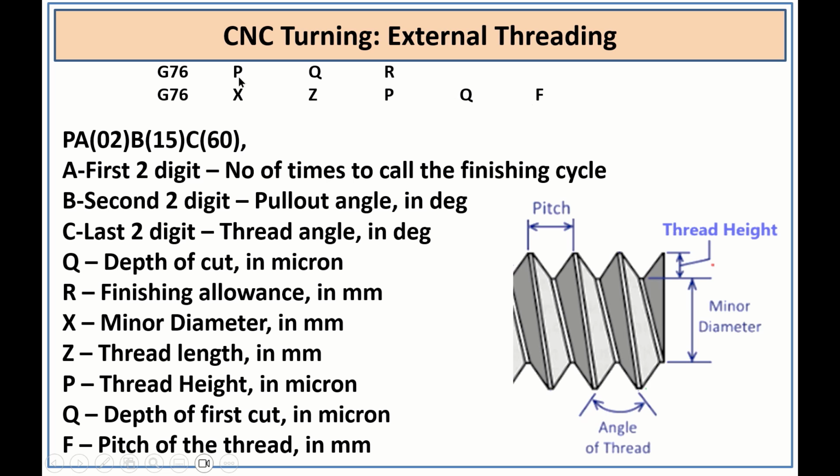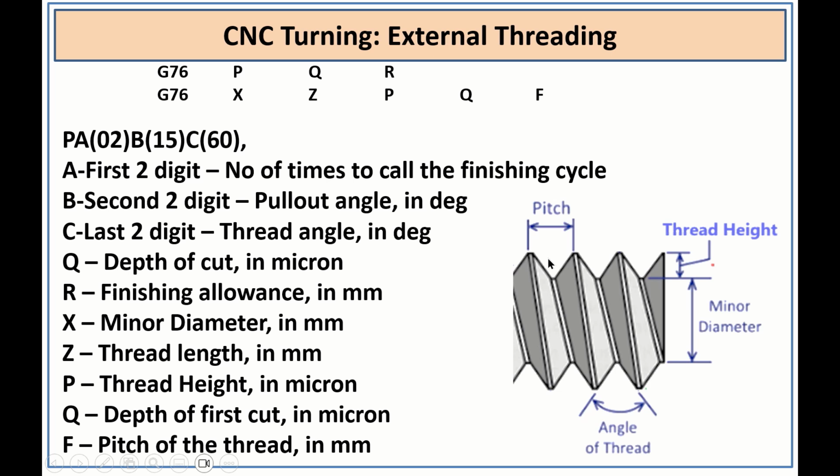If you consider first P02 B1560, here we will mention 6 parameters, 6 values, but the first 2 digits indicate the number of turns to call the finishing cycle. Once we do this threading operation, it is not possible to make it in one pass.